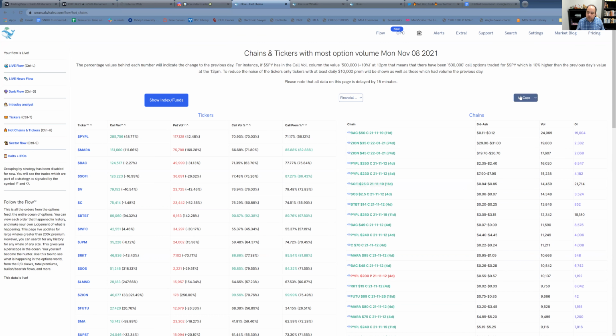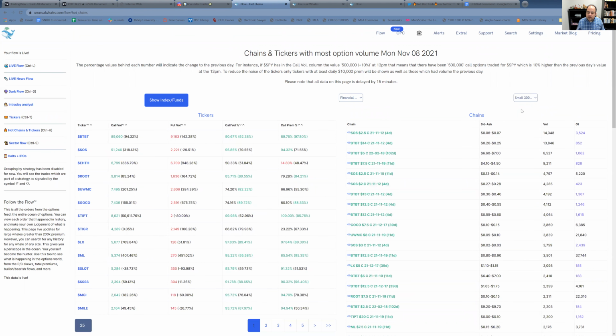You can also go through different market cap sizes. So what are the major small caps for today? SOS, you can see, has a lot of activity. Now, if you're going to trade options on these small caps, you're going to find that the implied volatility is really high, and so there's some risk there.